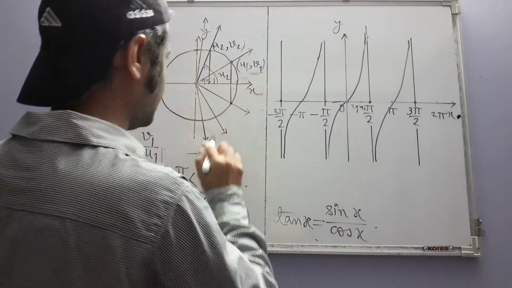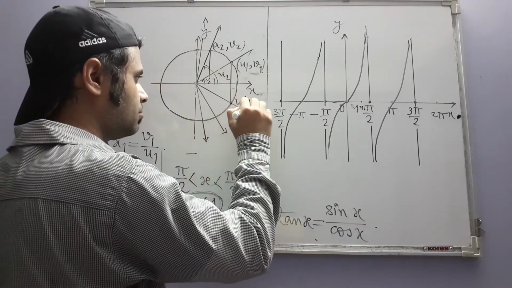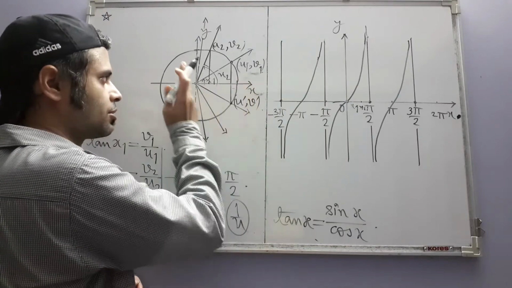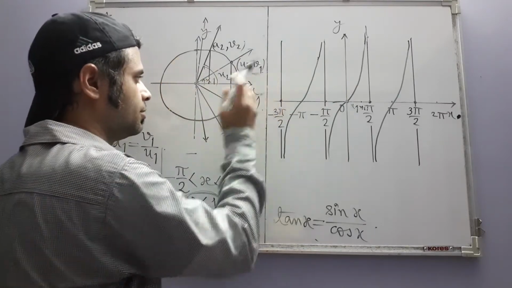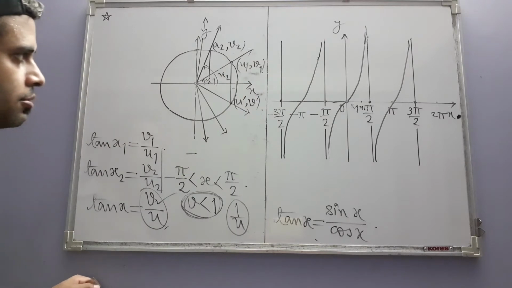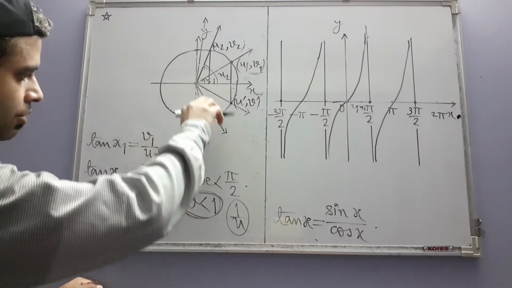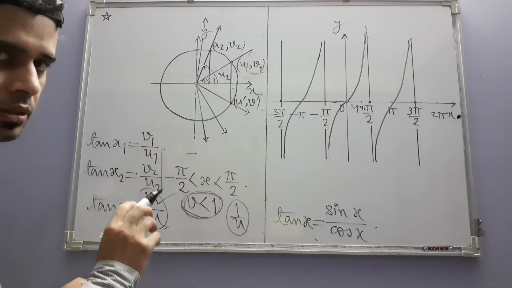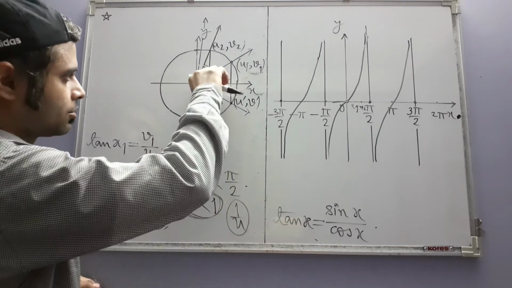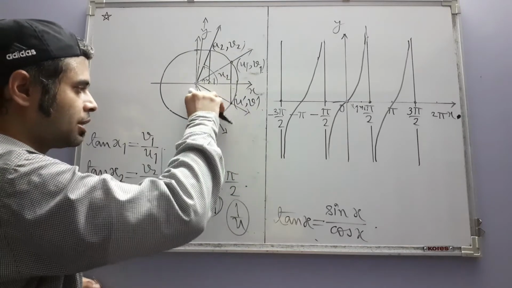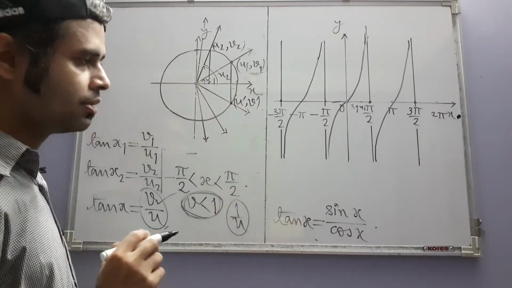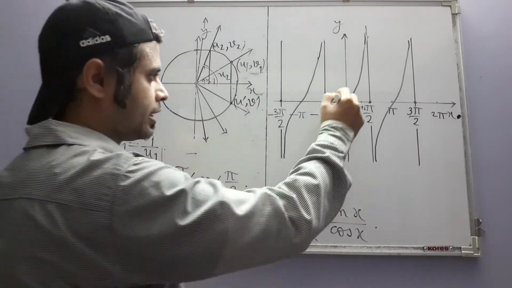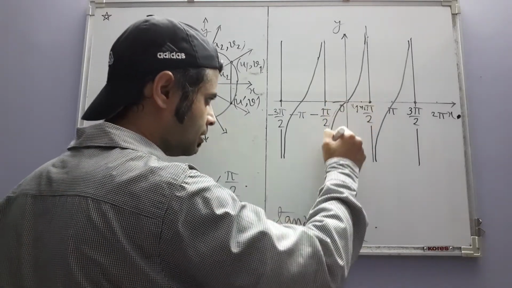Say this is u prime, v prime. u prime is still positive because everything is happening on this side, but v prime is negative. So all the tan values for these negative values of x are negative. So that same behavior of numerically becoming larger and larger without any bound now comes with a negative sign. So that's why the behavior on this side is this.